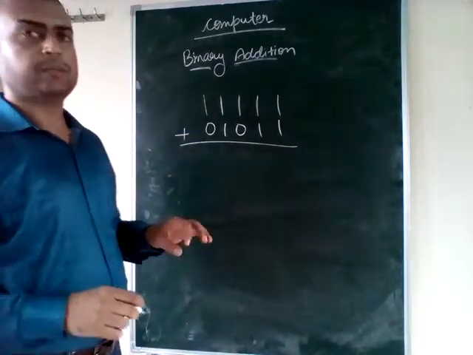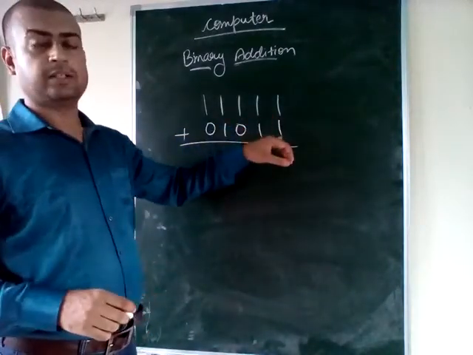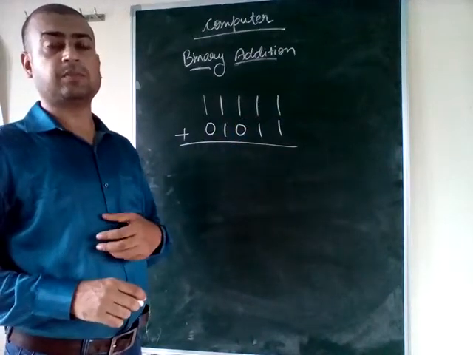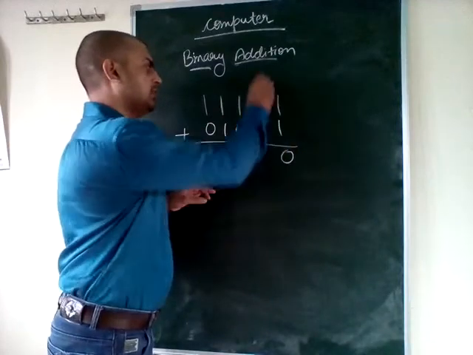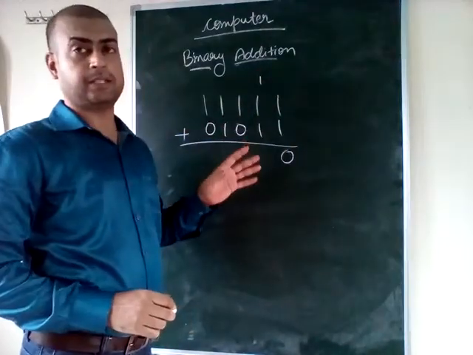Now in this question, 1 and 1 is 10. 10 means we will write 0 and 1 will go to the carry. So we will write 0 and 1 will come upside.